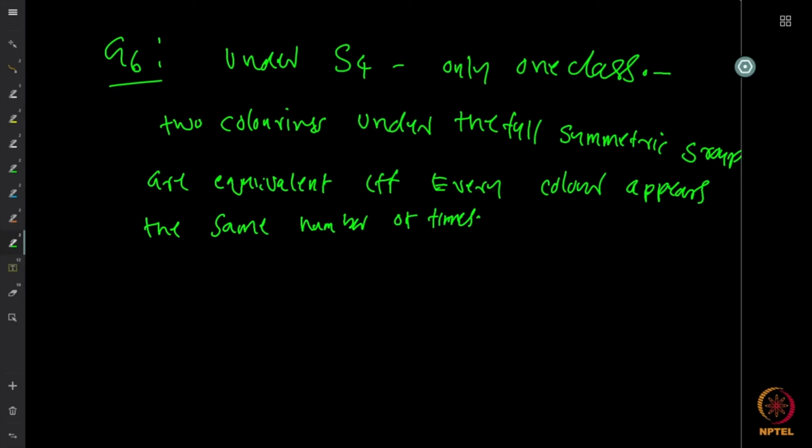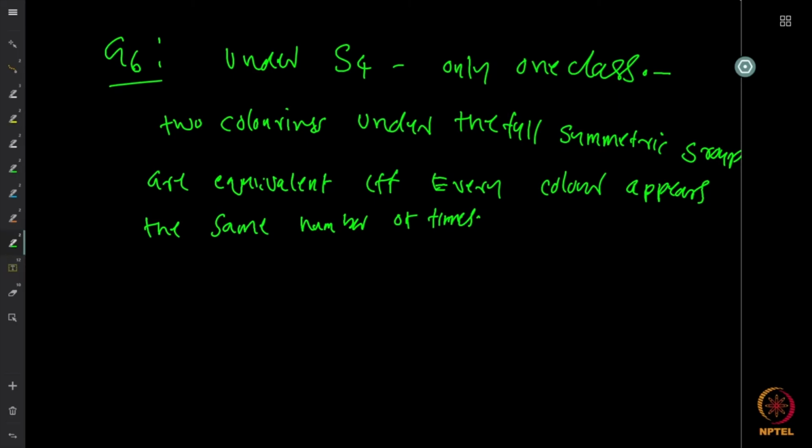Since we started with exactly 2 red squares and 1 blue and 1 yellow square, the number of cells in which red appears is always 2, right? And the number of times blue appears is always 1. The number of times yellow appears is always 1, right?